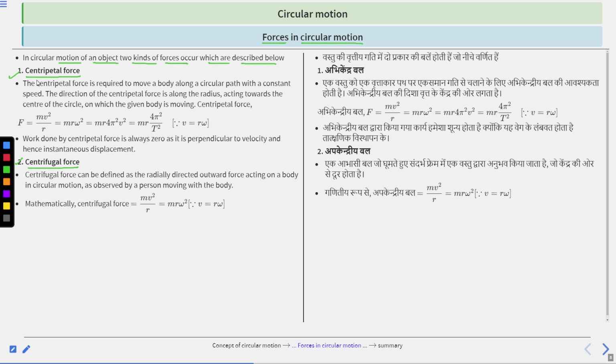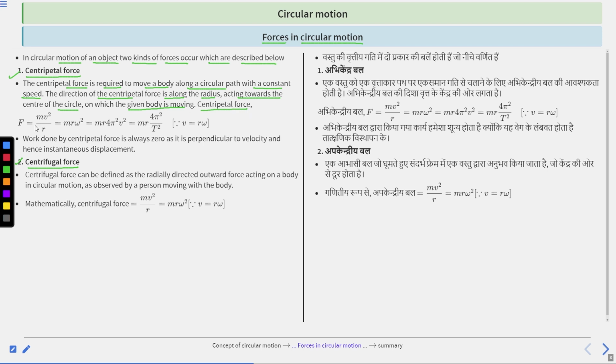So centripetal force is the force required to move a body along a circular path with a constant speed. Clear? The direction of the centripetal force is along the radius, acting towards the center of the circle on which the given body is moving.